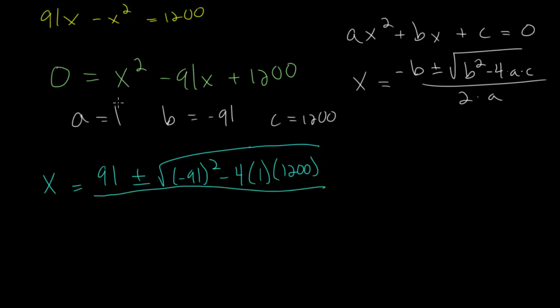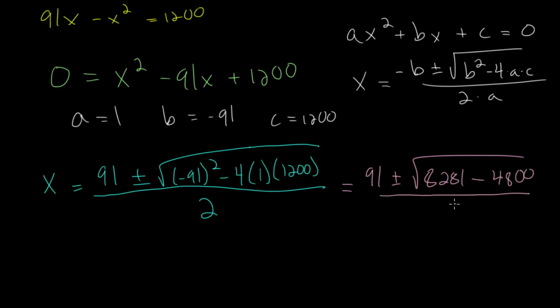And all of this is divided by twice a, which in this case is just 2. And if we simplify this, we get 91 plus or minus 91 squared would be 8,281, and 4 times 1200, that's just 4,800. So we're subtracting 4,800. All this is divided by 2.